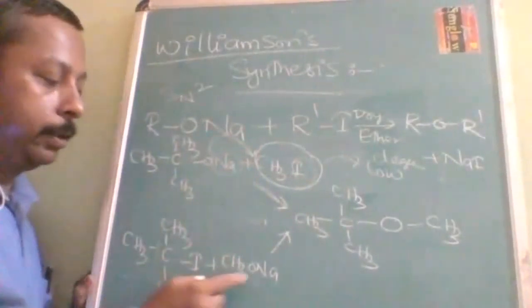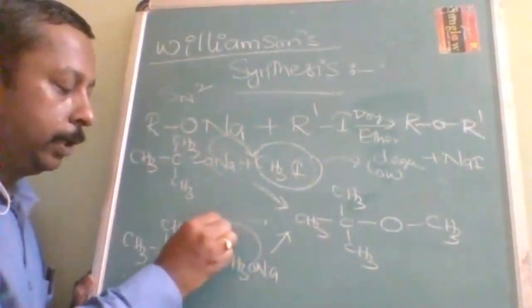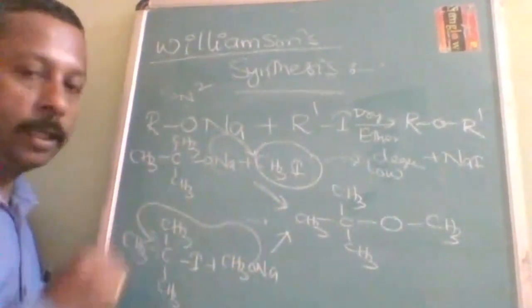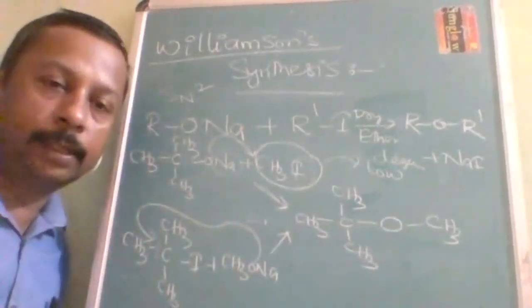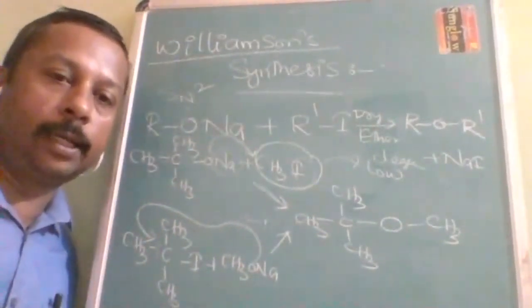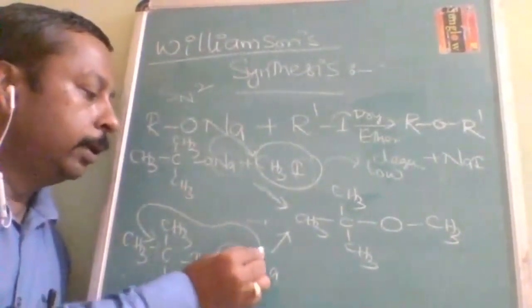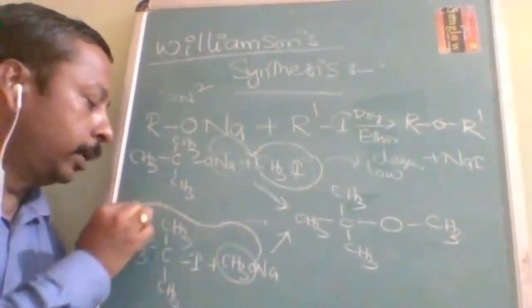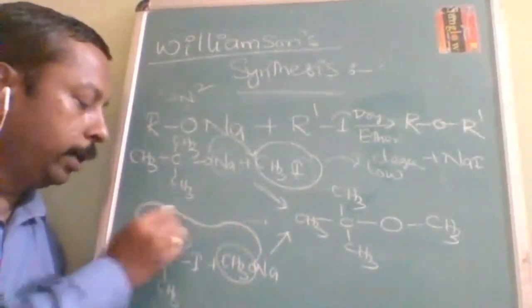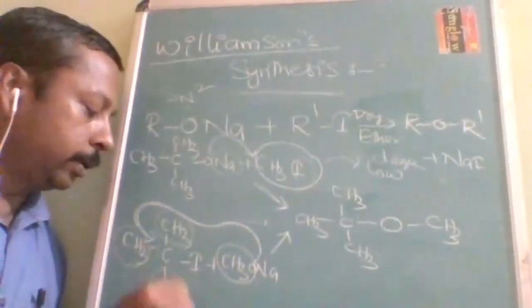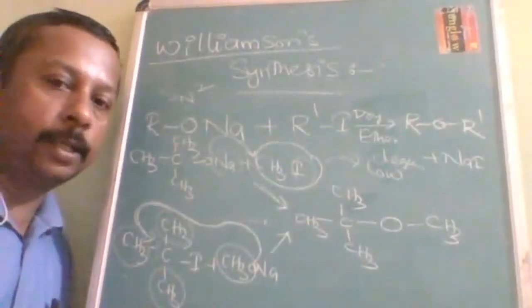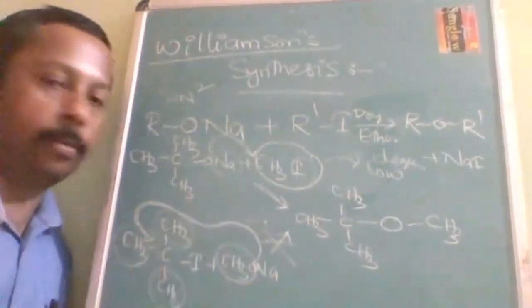Otherwise, in this condition, the nucleophile cannot make a backside attack. Already you must be aware of it, in an SN2 reaction, backside attack takes place. So this CH3O minus cannot attack from this direction because bulky methyl groups are already there. Understood? So this reaction is not possible.